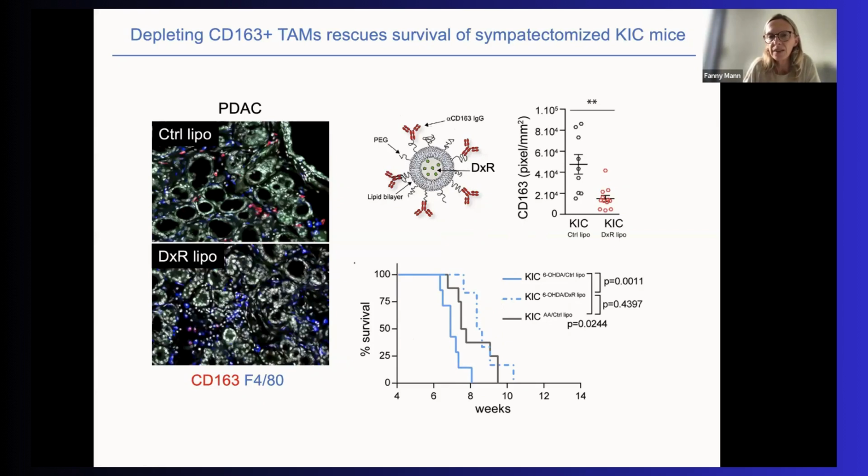So these nanolipids, when they are injected in the KIC mice, exert cytotoxic activity specifically to kill the CD163 positive macrophages. And we achieved a 70% reduction in the amount of CD163 positive macrophages in the KIC tumors. And we found that this ablation of this population of macrophages was sufficient to rescue a normal survival of the sympathectomized KIC mice.